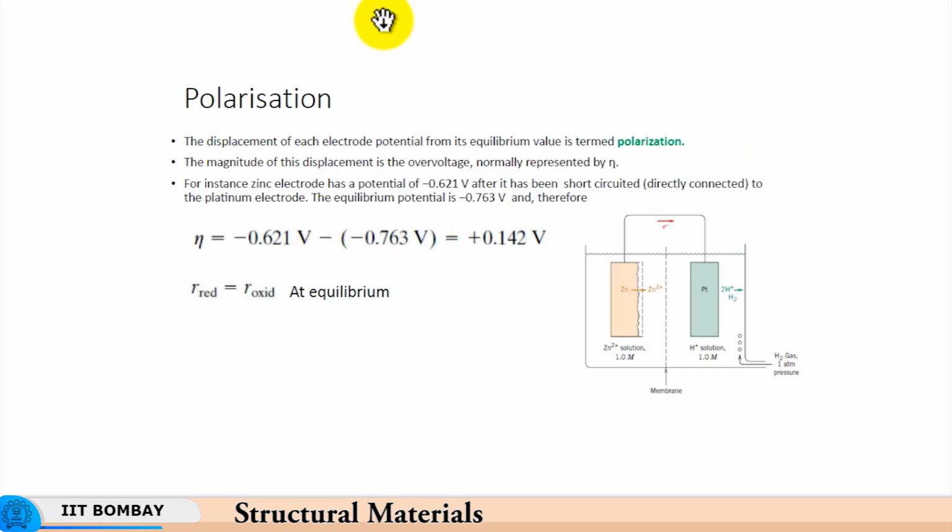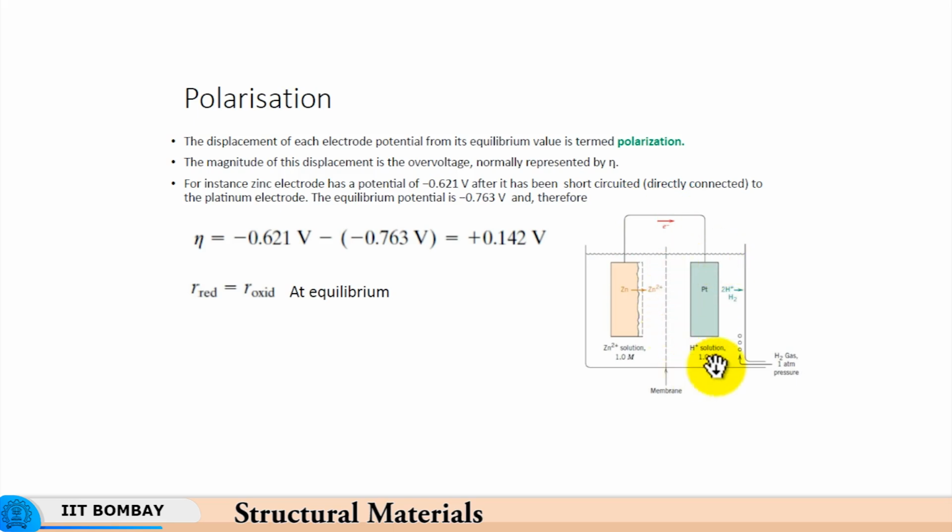Now polarization is the displacement of each electrode potential from its equilibrium value. What it means is that when equilibrium is no longer present and the material is corroding, you have a net reaction taking place. The net reaction is, let us say, metal going into the solution as 2 plus ions, and then electrons going from the metal, that is the anode, to the cathode.